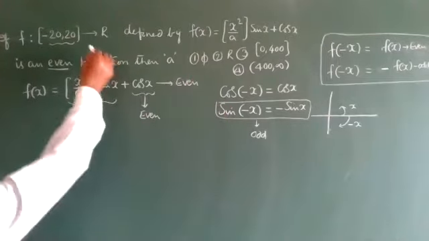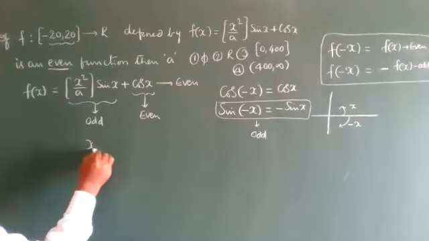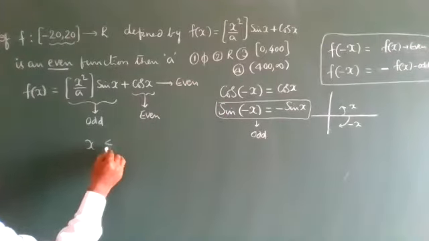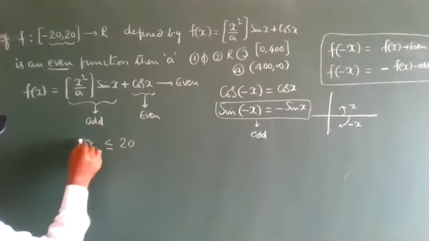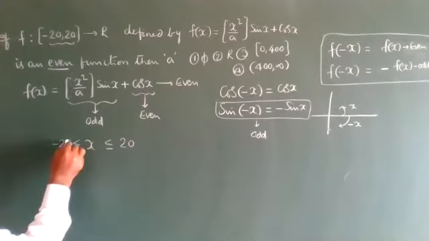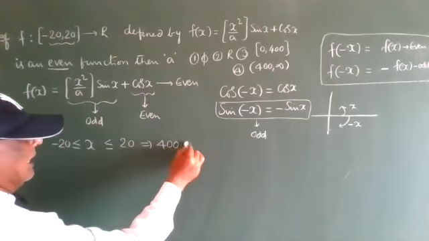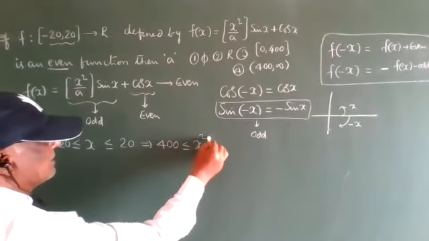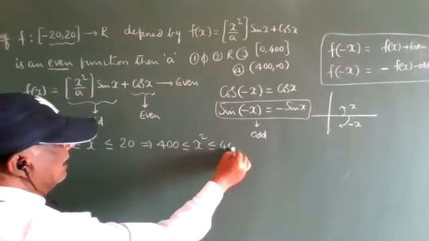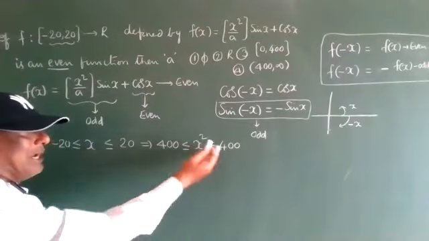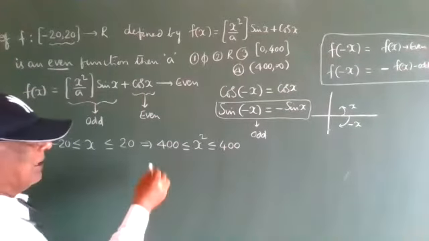Okay? Therefore, the x value lies between minus 20 and plus 20, and by squaring, 400 less than or equal to x square less than or equal to 400. Left side and right side are both the same.